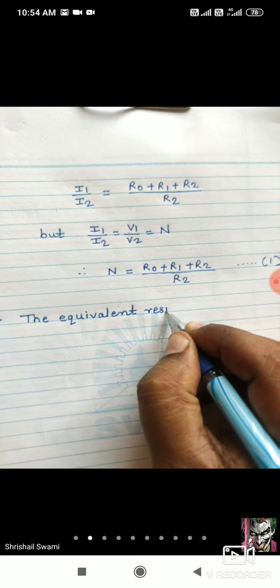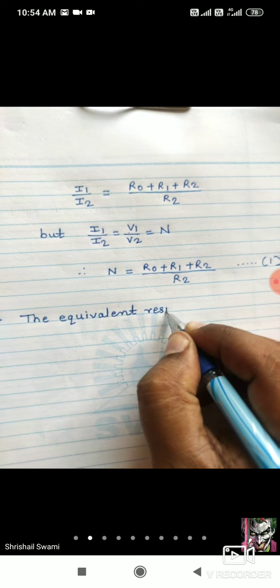The denominators are not the same, so take the LCM. R0 is equal to, take LCM, that is R1 into N plus 1 into R1 plus R0, divided by N. Now N is multiplied here, that is N R0 is equal to R1 into N plus R1 plus R0.